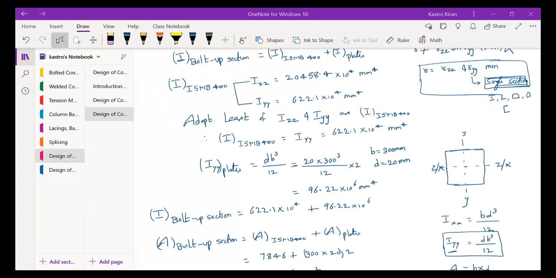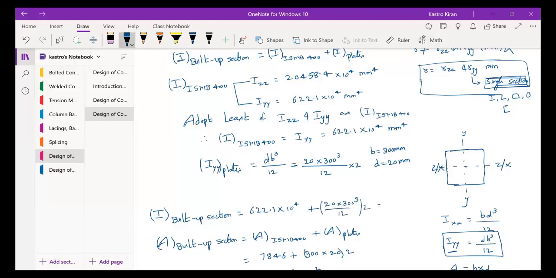Here there is a small correction. So this IYY of plates is not 96.22. So please make a correction of this. Let's keep the same value like that one. So 20 into 300 cube by 12 into 2. So here also it is not 96 value. It is 20 into 300 cube by 12 into 2.